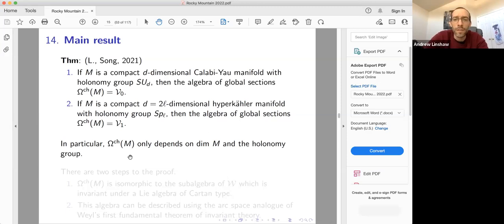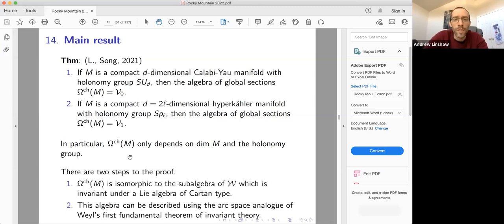Okay, so there are 2 more or less independent steps in the proof. The first step is to show that the algebra of global sections is isomorphic to a certain free field algebra. It's isomorphic to a certain subalgebra of W. W is the bc-beta-gamma system of rank D, which is invariant under a certain infinite dimensional Lie algebra of Cartan type.